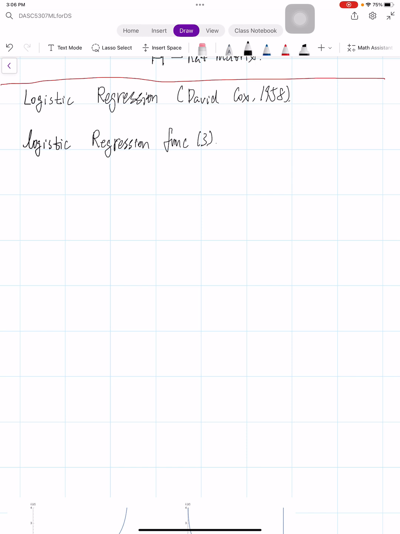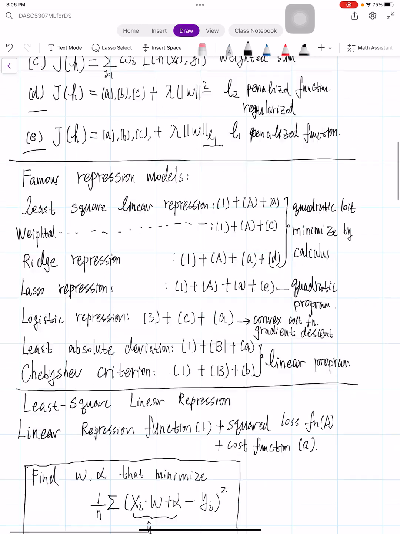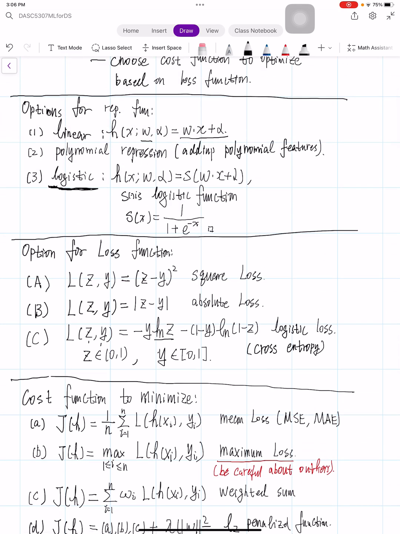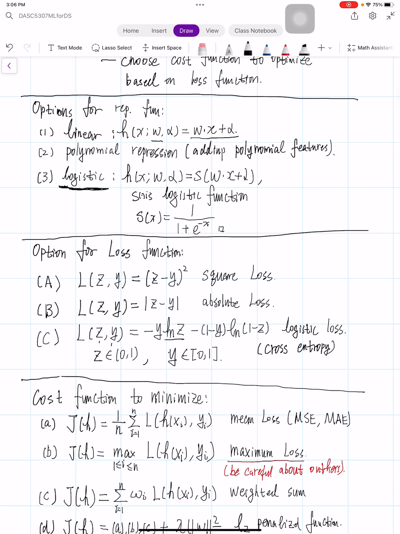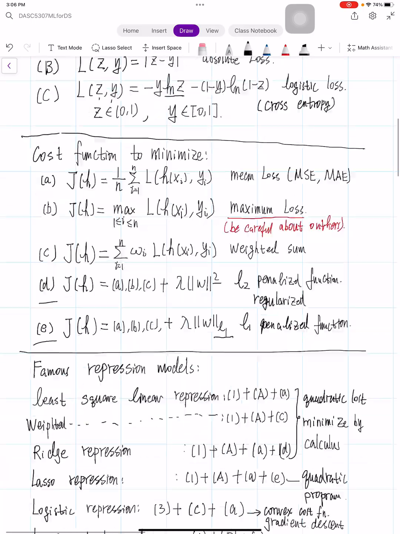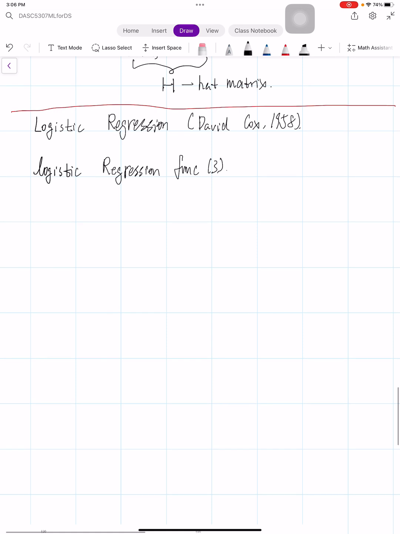In other words, the regression function looks like a logistic transformation of the linear regression form, which is S(Wx + alpha), where S(t) is given by the logistic form 1/(1 + e^(-t)).